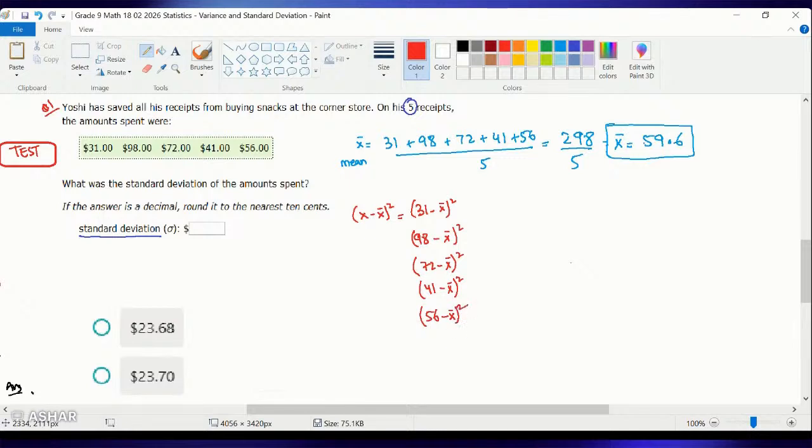I'm not writing mean every single time, I'm just writing X bar. That is also correct. You don't have to copy the value every single time. 31 minus the mean, squared.